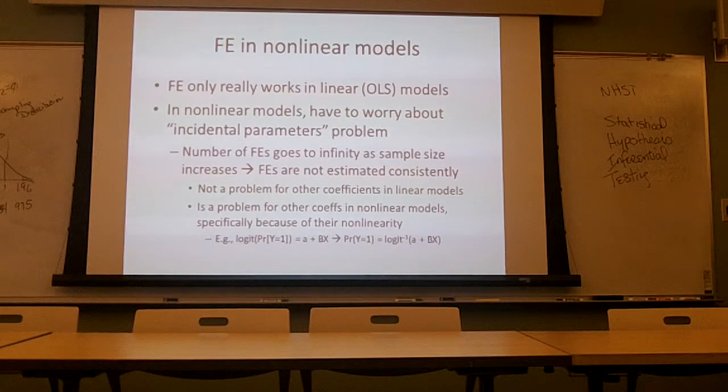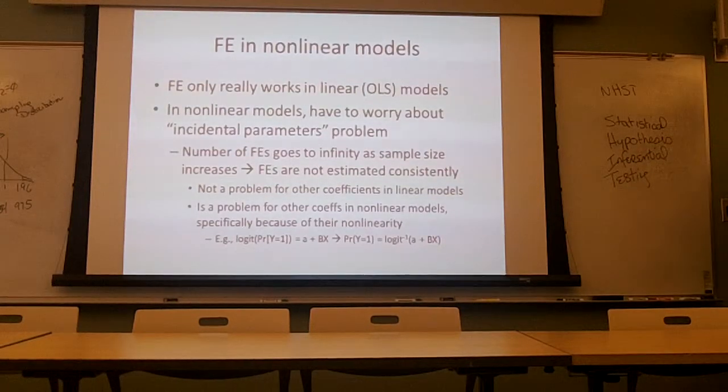But in a nonlinear model, everything changes, and there's all the spillover. If even a single coefficient is estimated inconsistently in a nonlinear model, then all of them are at risk of being estimated inconsistently.